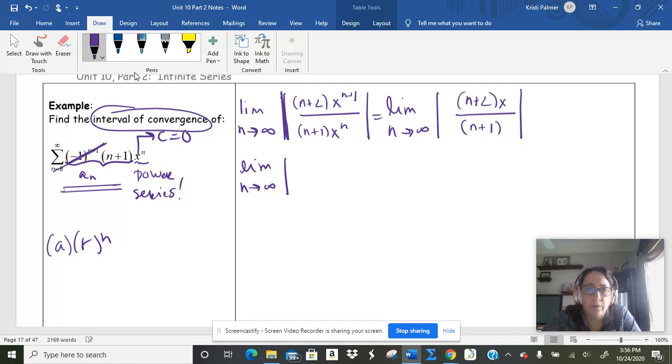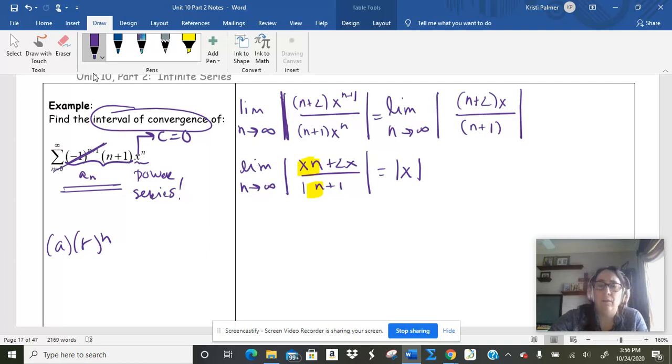We're taking n to infinity. So this is kind of like x n plus 2x over n plus 1. And when we're taking n to infinity, we really only want to see is n bigger on top, bigger on bottom, or the same. Well, n in this case is the same, so I know I am getting out my coefficient of x over 1.